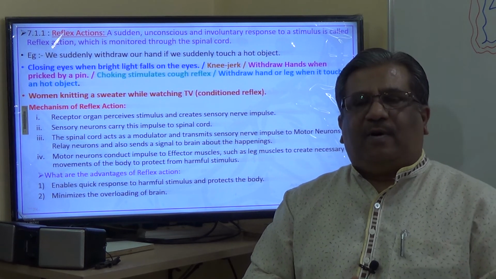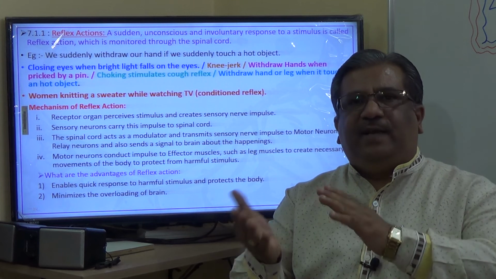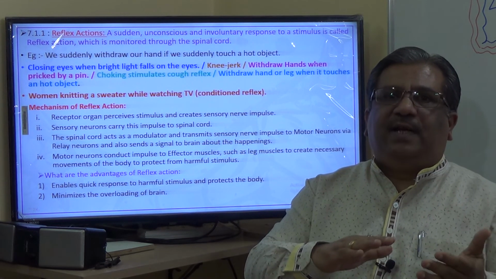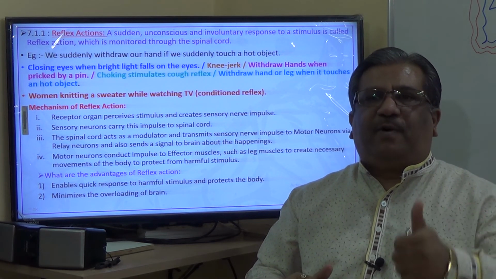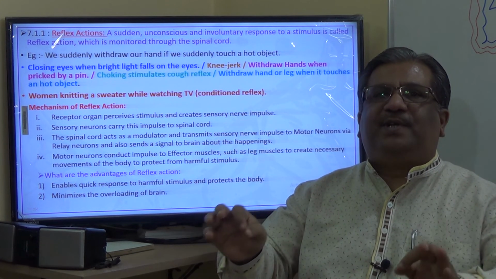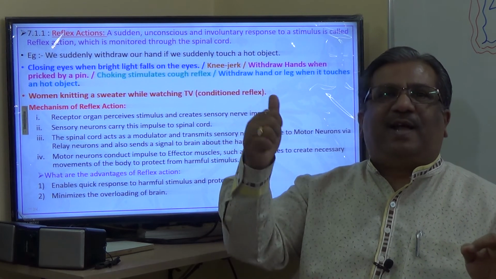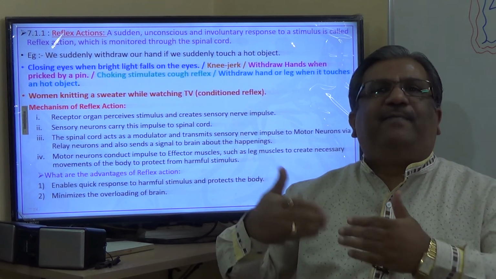In the spinal cord, the relay neurons transmit that information from sensory neurons to the motor neurons immediately. Also, the relay neurons give information to the brain that the information is already given to the motor neurons, and mission accomplished. The motor neurons carry the information to the effector muscles.